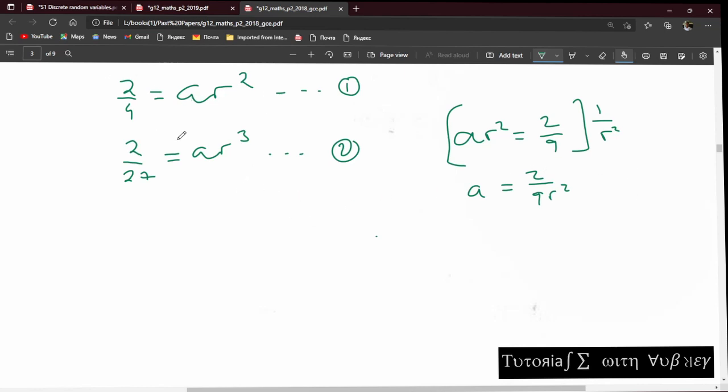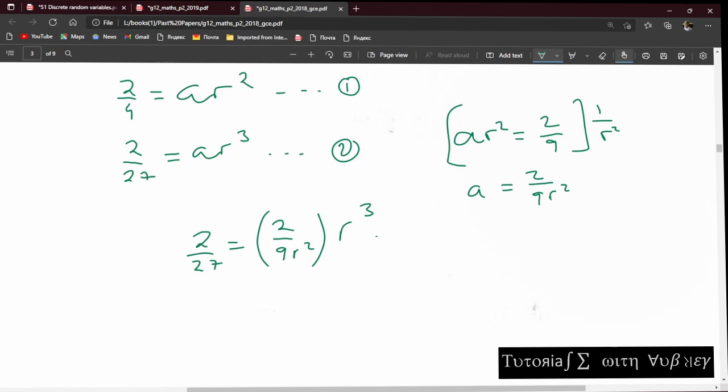Now from there, you get this A and you put it in the second equation. Remember, use the first equation to find A, then place A in the second equation. This will be 2 over 27 equals our A, which is 2 over 9r squared, times r cubed.